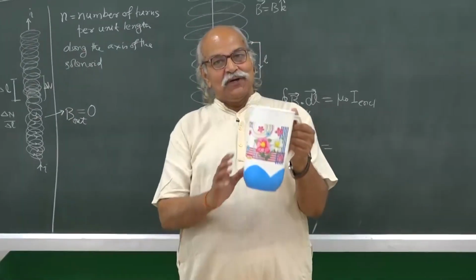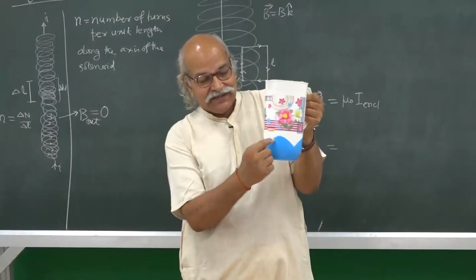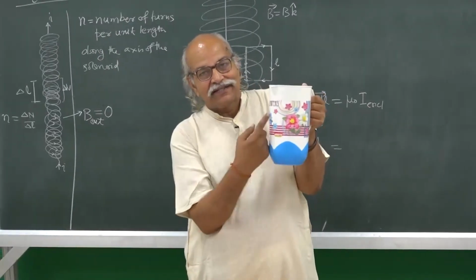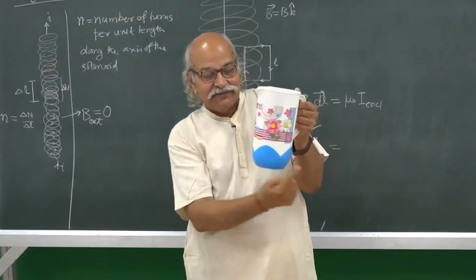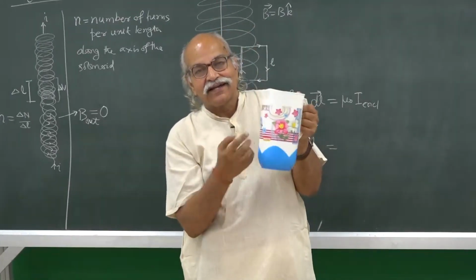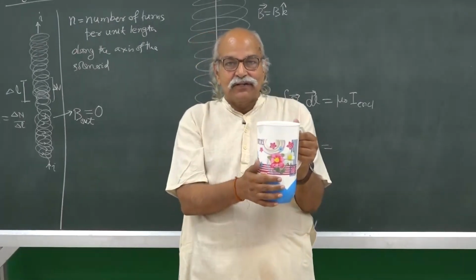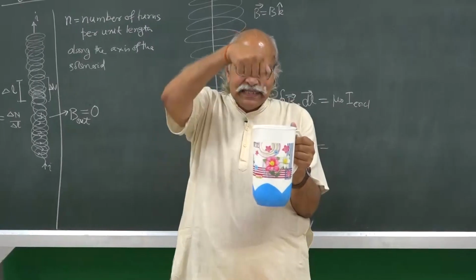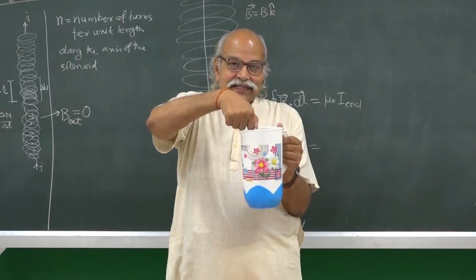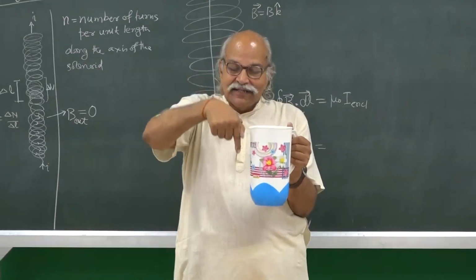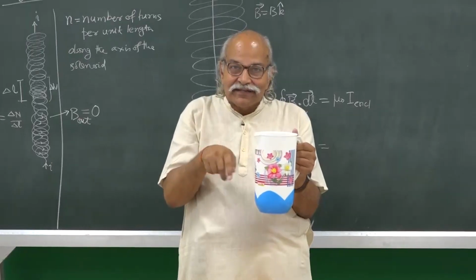So, suppose this is your solenoid, the turns are going like this, it is a long tube, let us say, and then everywhere you have these turns, currents are going this way, and then we draw a line which is inside the solenoid parallel to the axis, draw a line outside the solenoid parallel to the axis, and then make a rectangle.